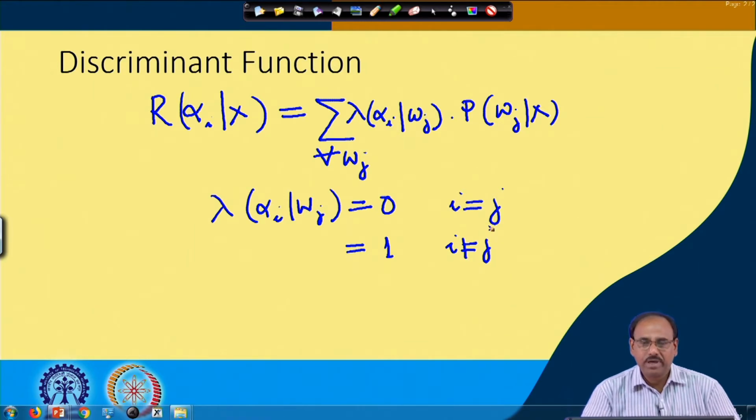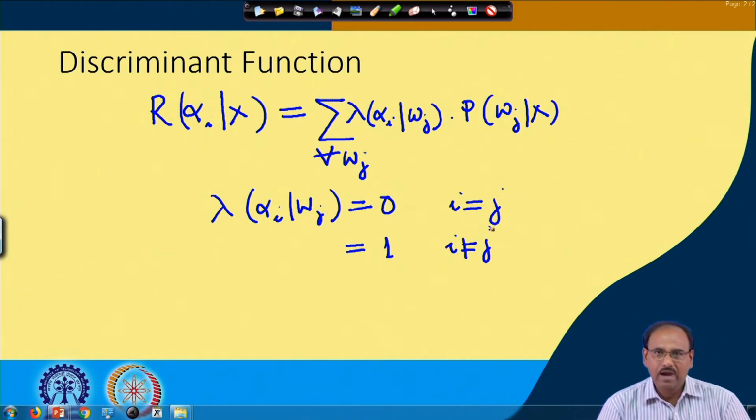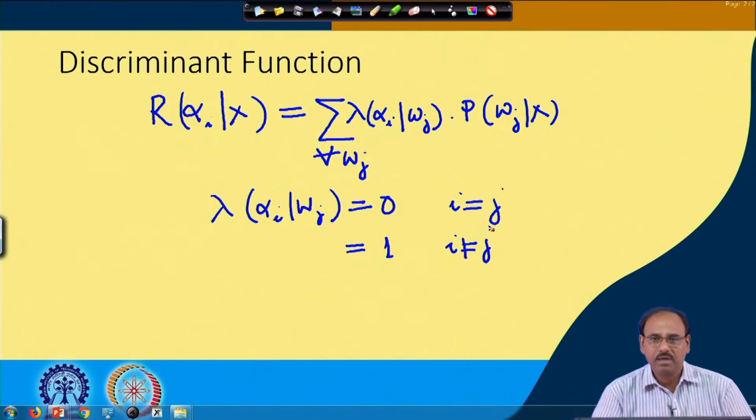Under that situation, we showed in the previous class that the Bayes minimum risk classifier and the Bayes minimum error classifier turn out to be identical.